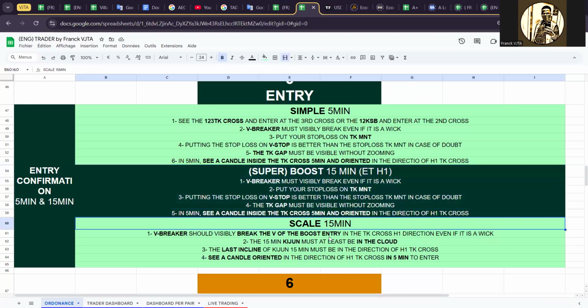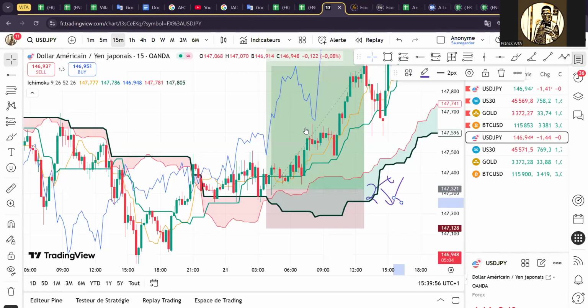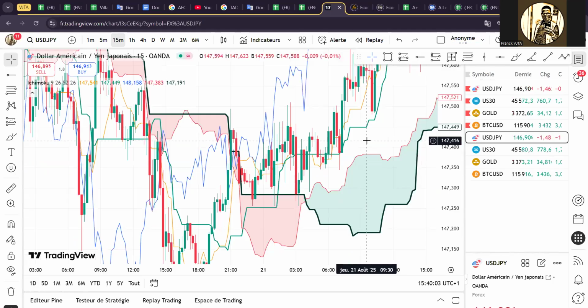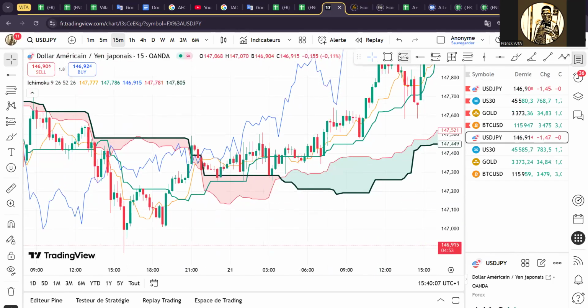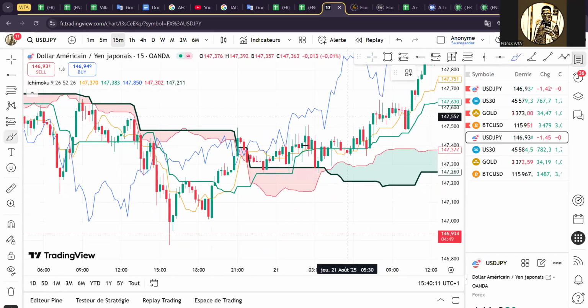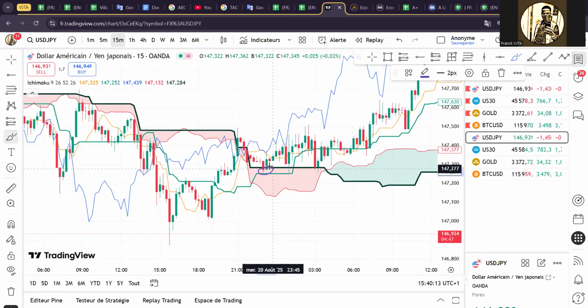Now let us look at the scaling entry. Everything that I just showed you are entry confirmation. So now, for the scaling, it only happens on 15 minutes. You see this? After the Tenkan Kijun cross on 15 minutes, this one is the first entry.